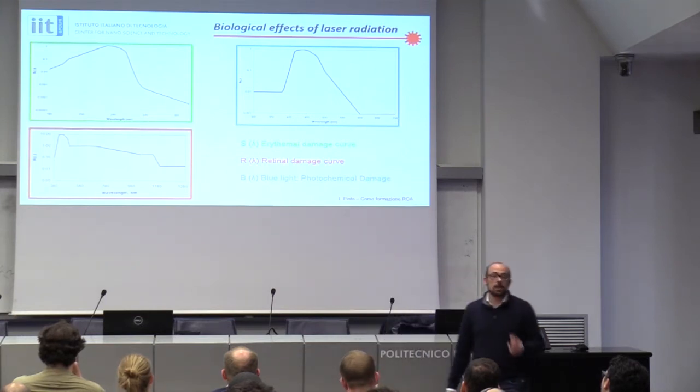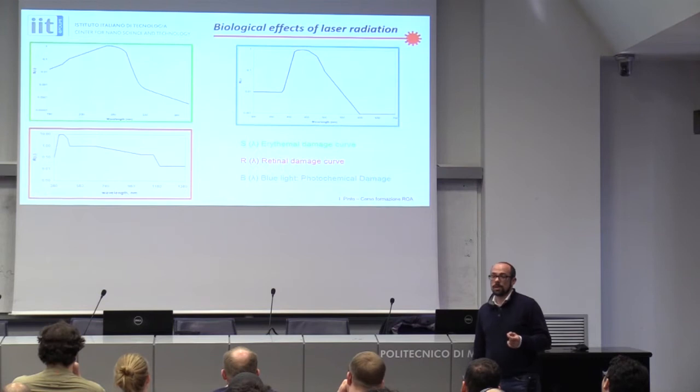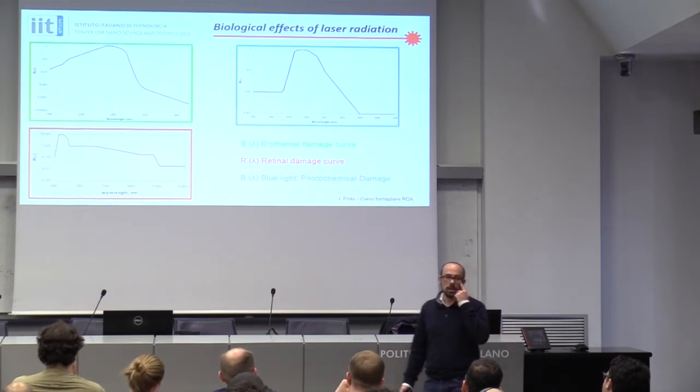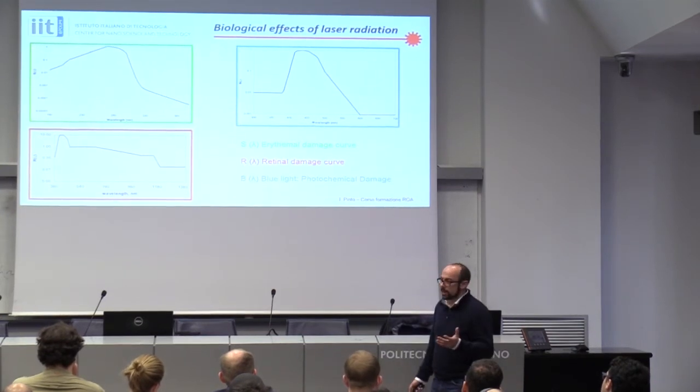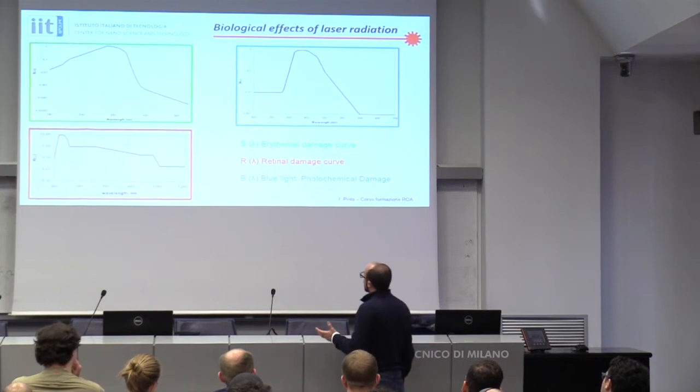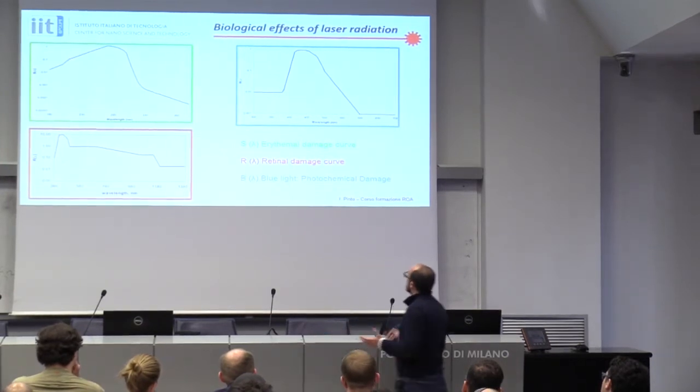Erythemal damage is actually what? It's sunburn, okay? It's the equivalent of sunburn, to the cornea, okay? And I never experienced that, luckily, but they say it's extremely painful, unfortunately.